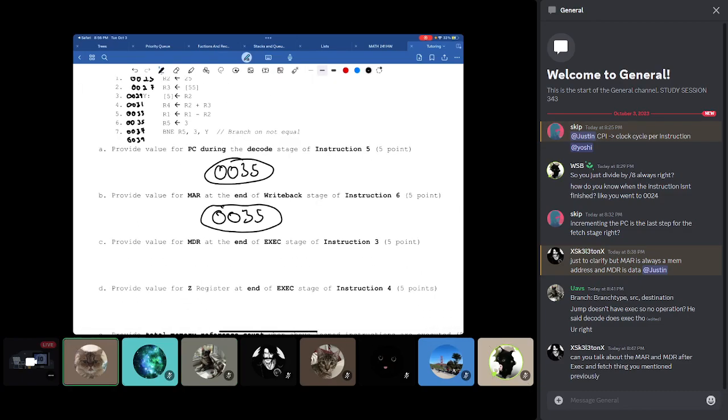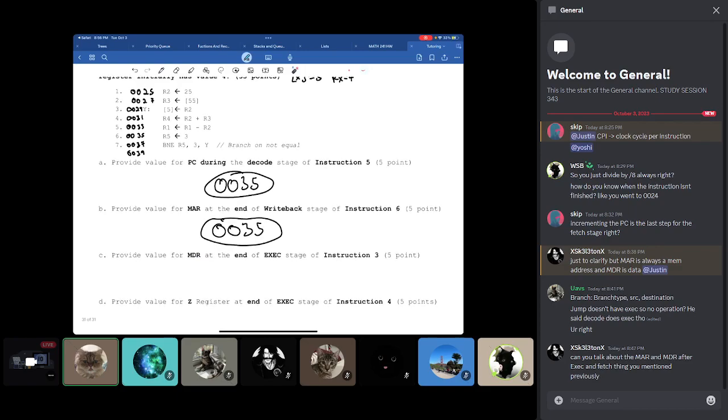Then it says provide the value for MDR at the end of exec stage of instruction 3. MDR. That means we are either A, going to be returning an instruction, returning some register, or returning some data. I would go with data, right? Because just like with each exam that we've just gone through, the answer has mostly been data, some immediate value, right?